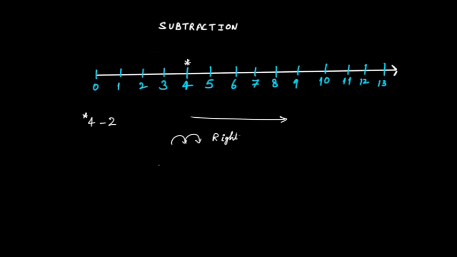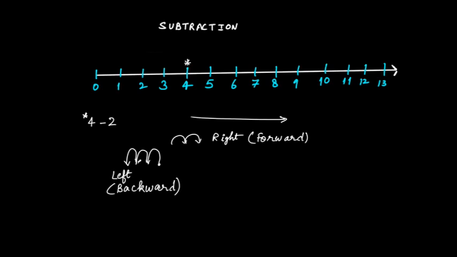But in the case of subtraction, what you have to do is start jumping towards the left, or backwards. Right or forward in the case of addition, but in this case it would be left or backward, in the case of subtraction.